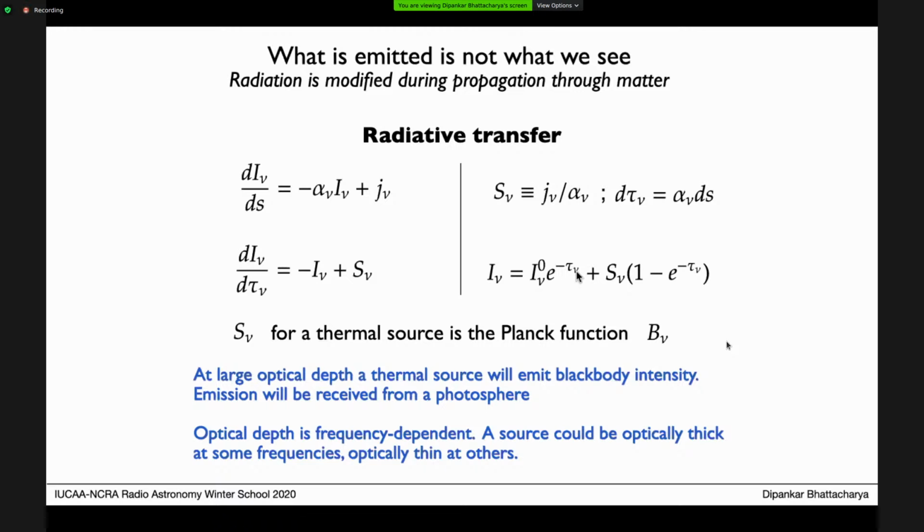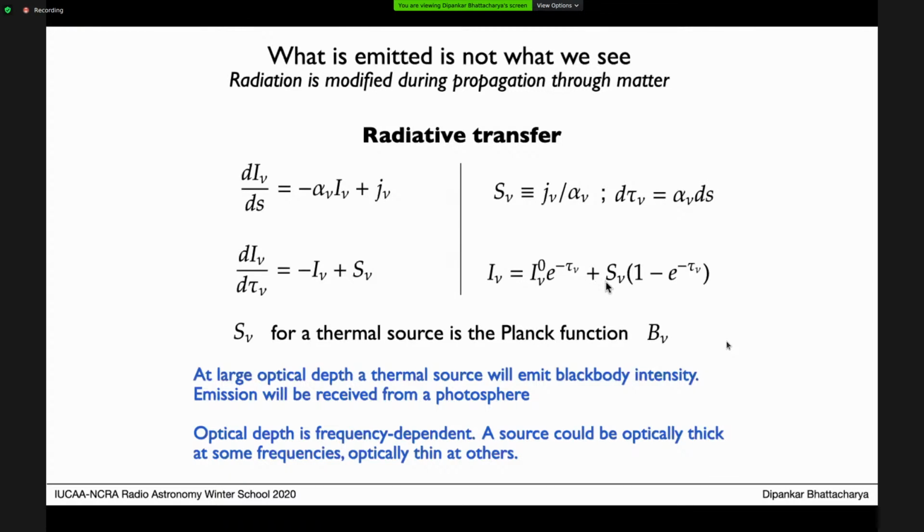It does not propagate through at all, because it is now infinite optical depth, which we call optically thick. But if it is infinite optical depth, this term goes to 0, and what you add is S nu, the full value of the source function. And the intensity that emerges, which an external observer will see from this source, becomes equal to S nu.